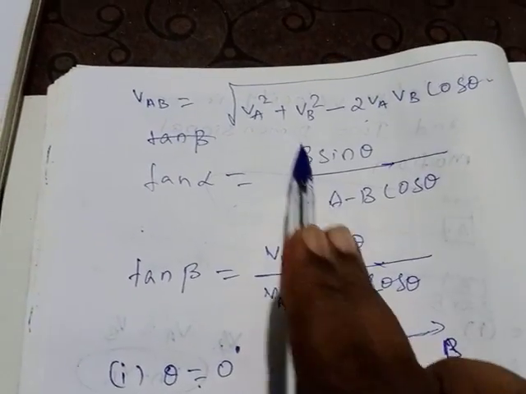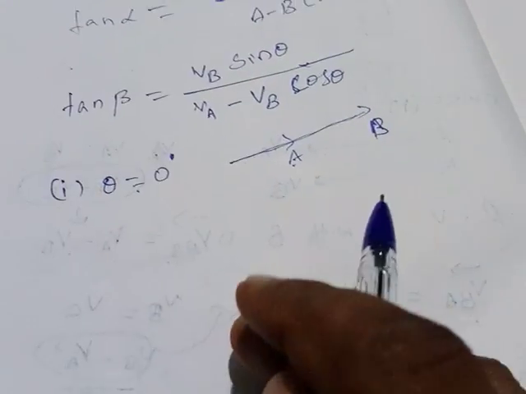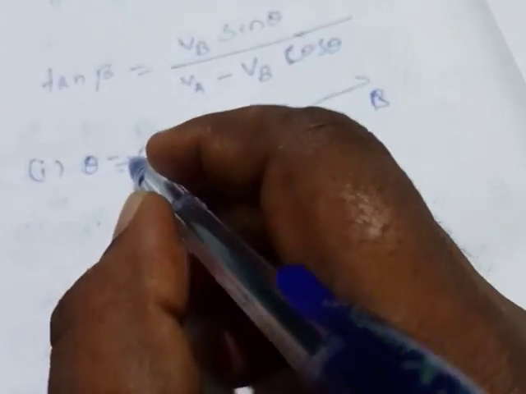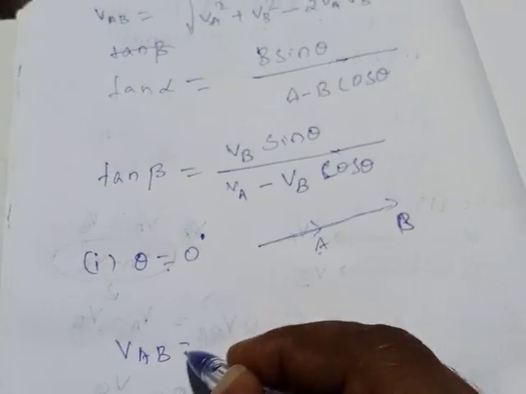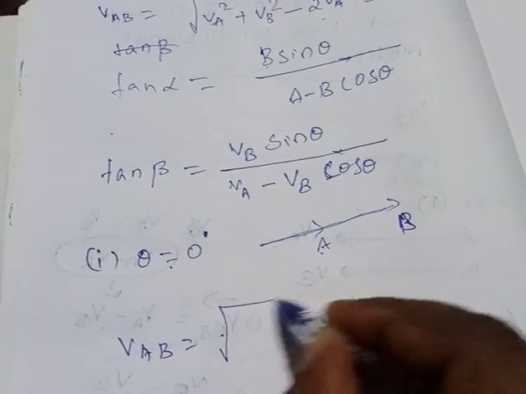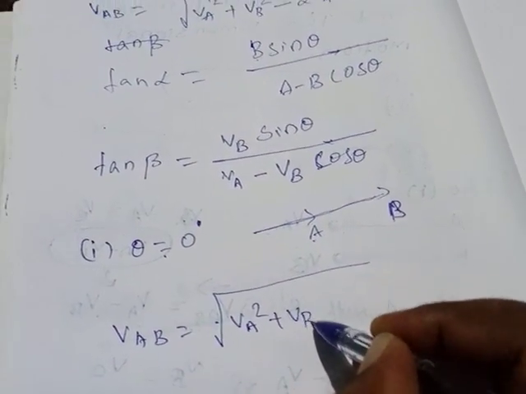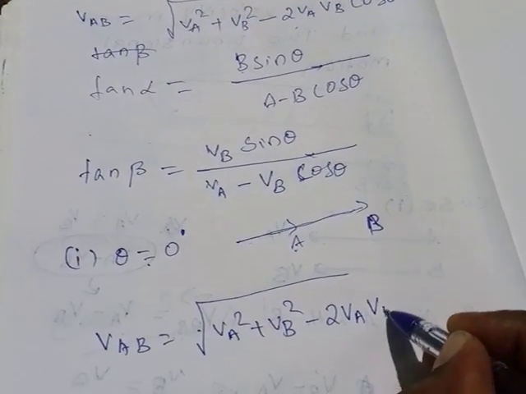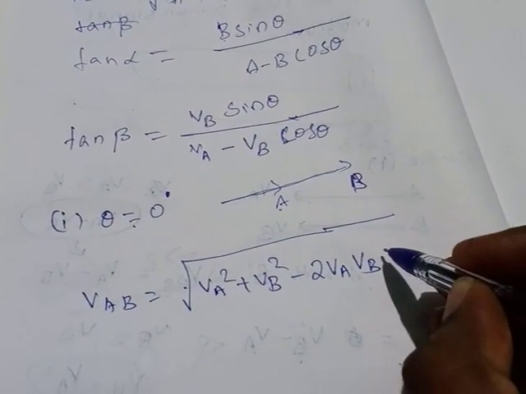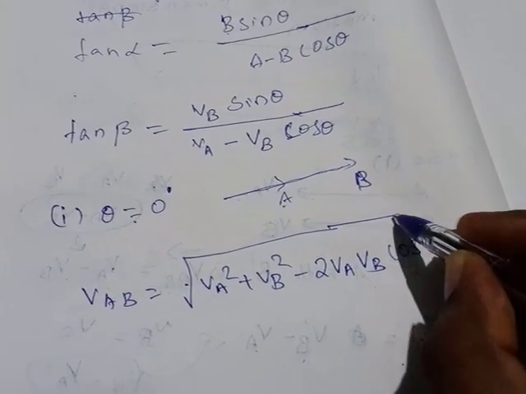So what will we get in this formula? VAB is equal to the root of VA square plus VB square minus 2 VA VB cos theta, with theta 0.